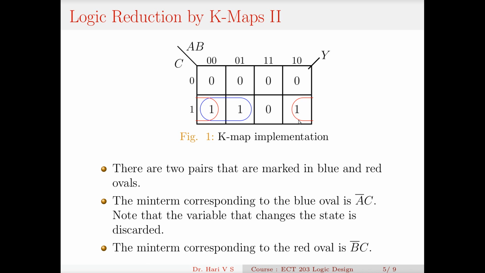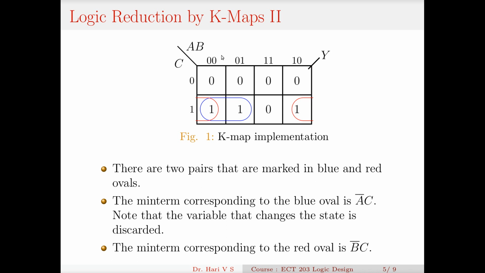Now what is the term corresponding to the red oval? These are at the edges, but they can be taken as a pair, because after this, 1 0 0 0 comes. So you can think of it as getting wrapped around. The variable that does not change here is C, in the same row. As far as AB are concerned, there is 0 0 and 1 0.